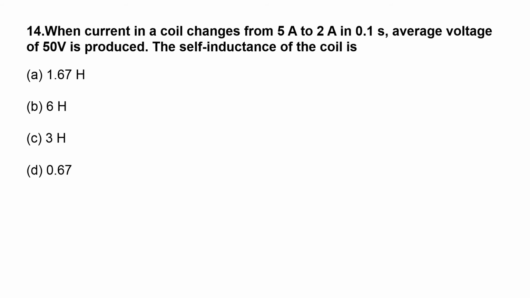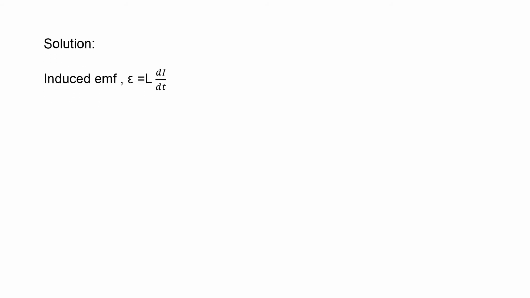So you know the formula for self-inductance of the coil, that is epsilon, which is equal to L into di by dt. Here L means self-inductance, di by dt means rate of change of current.